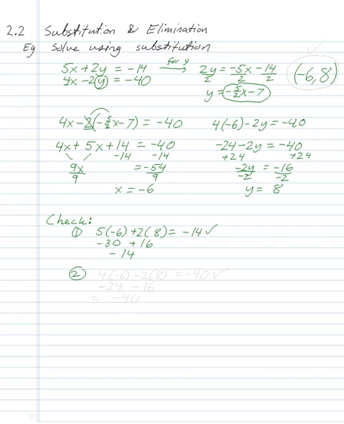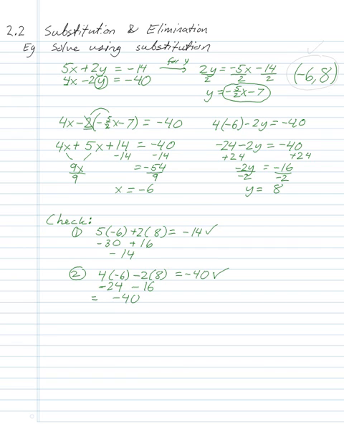Our second equation, if we plug negative 6 in for x and 8 in for y, that would give me negative 24 and negative 16. Negative 24 minus 16, which is negative 40, which is our goal.